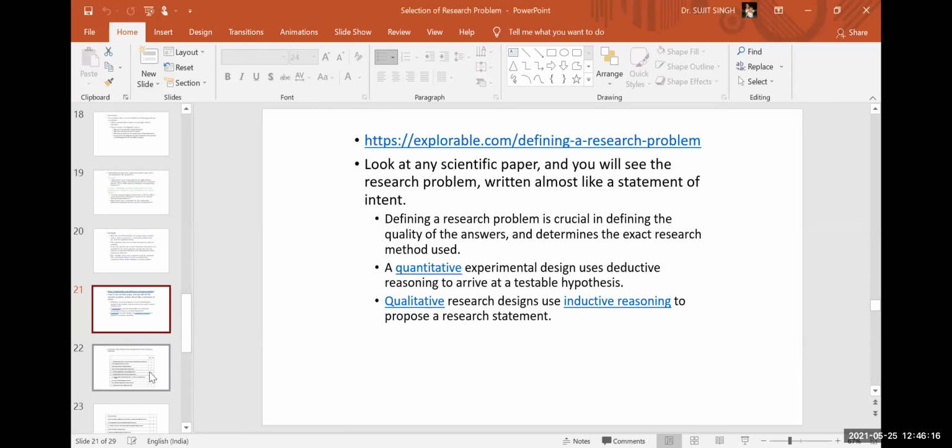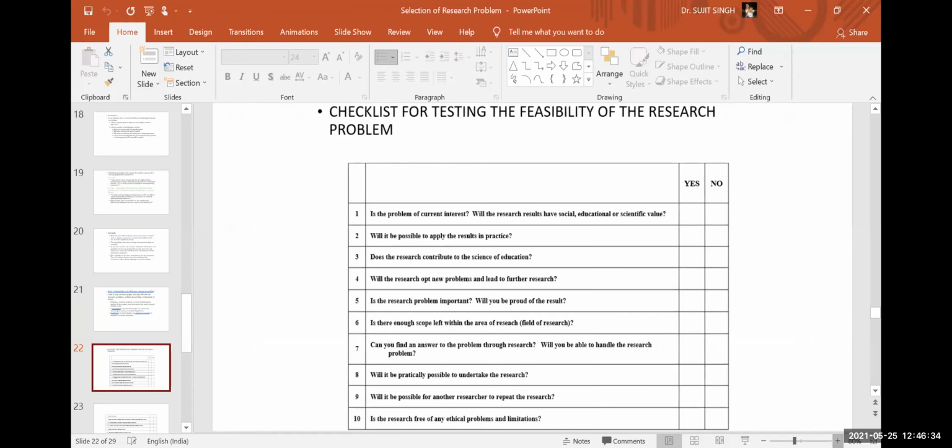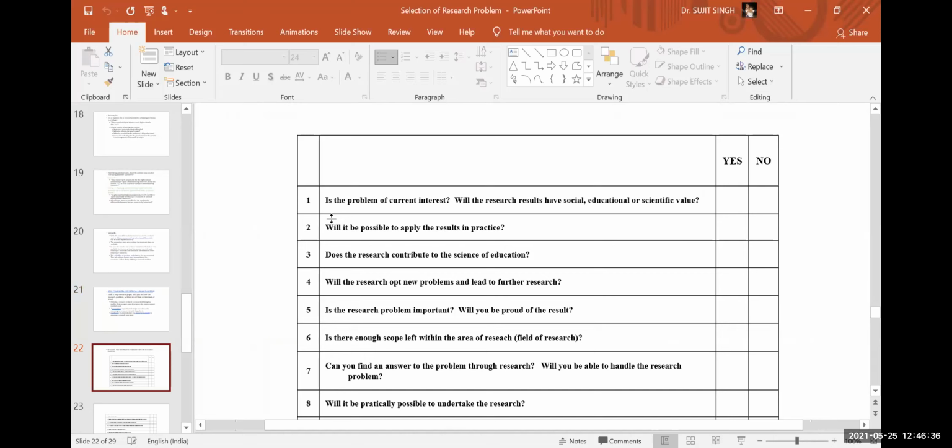And here we have some sort of checklist for feasibility of the research problem, right? You can say yes or no against each and every parameter. Like, is the problem of current interest?